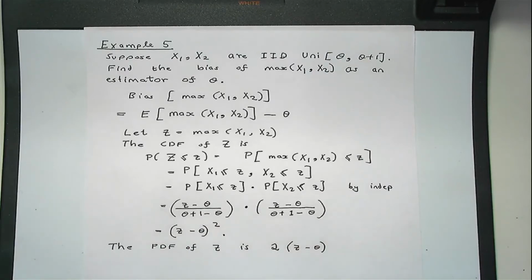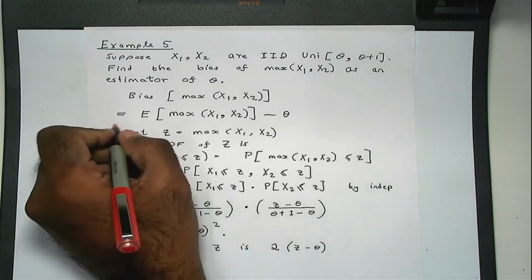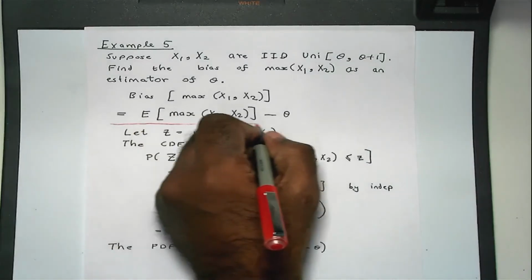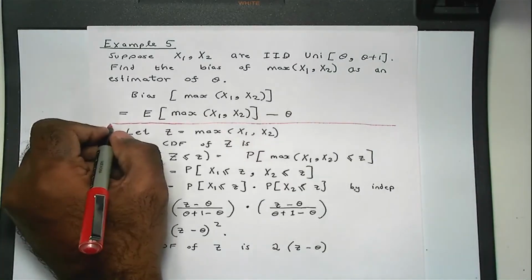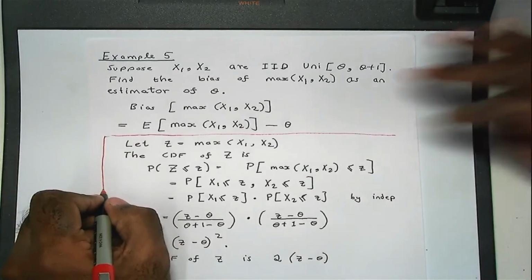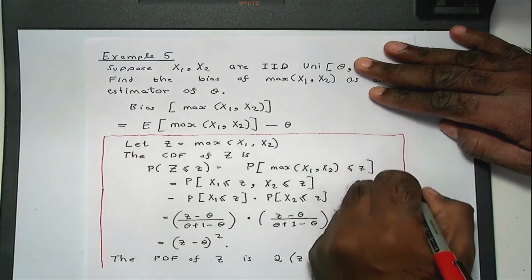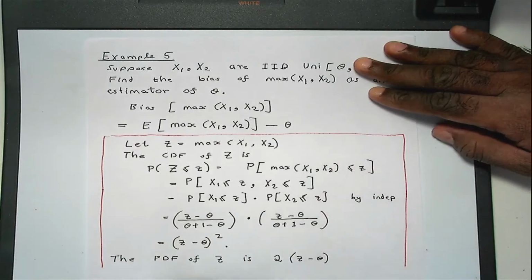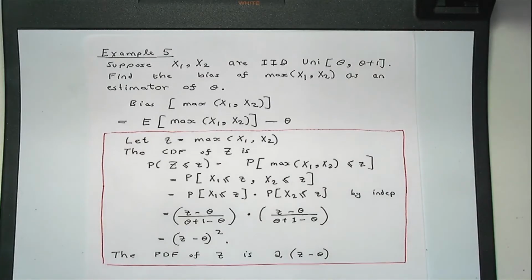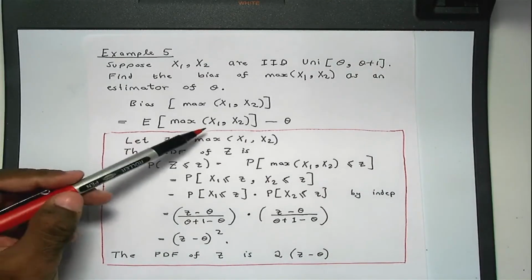So let me put this in a box so that you don't get lost by what I have done here. So this box here, what I have done is to derive the CDF and the PDF of the max of x1, x2, which I called z here.